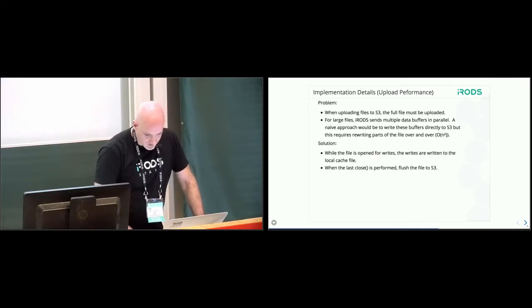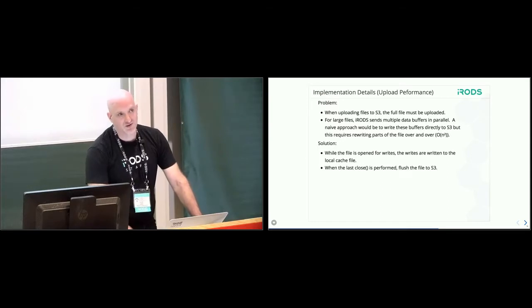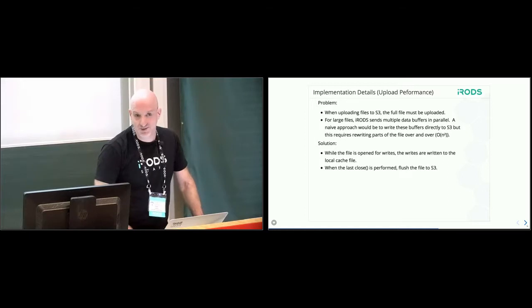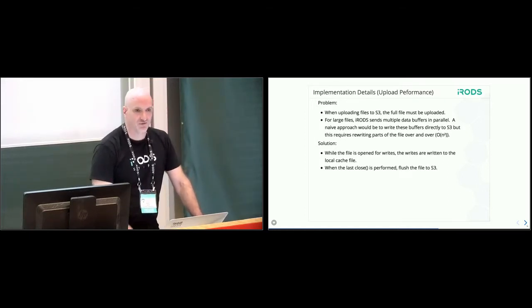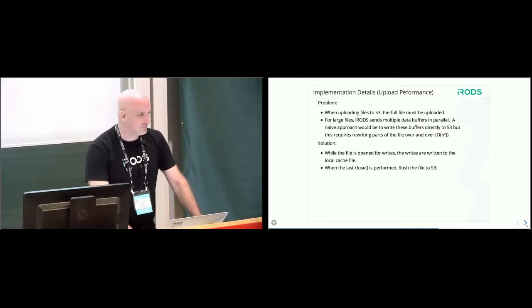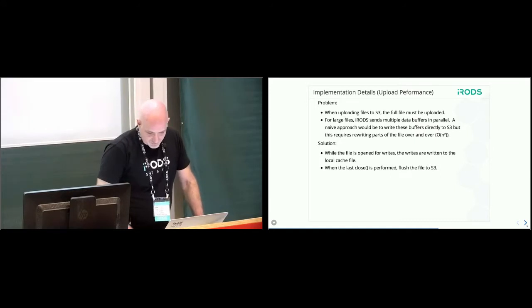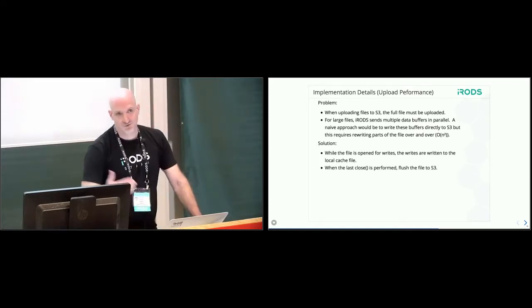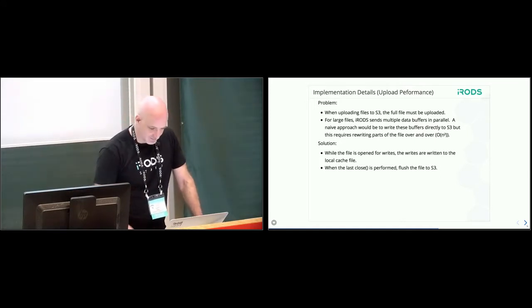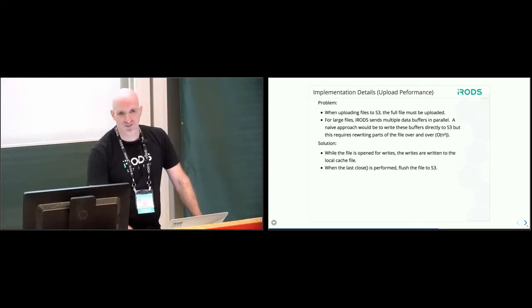Okay, upload performance. This one was easier to solve, but it was really bad to begin with. The reason is when you upload part of a file in S3, it uploads the entire file, essentially. So what you end up with is O(N squared) performance on an upload, and generally, I don't think people would want that.